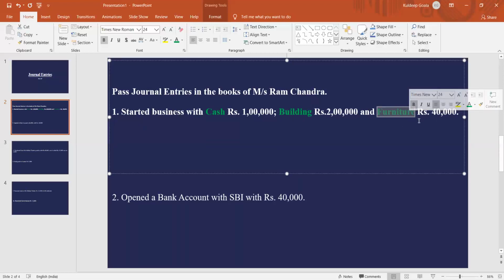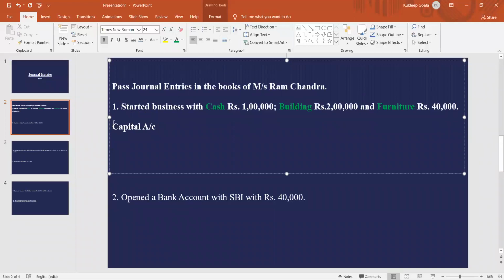These are the three items, and along with these, what are we getting? The thing that we are getting is capital account, or you can say Ramchandra's capital account, right? That is also another item. So total of how many items did we get? Total of 4 items.